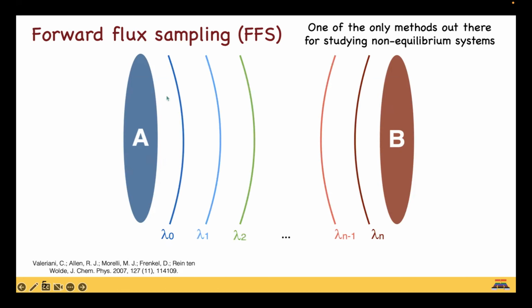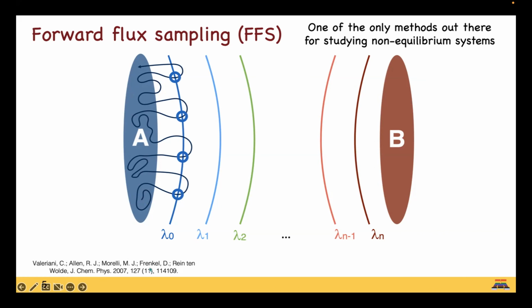Then you're going to run a simulation in basin A, and it'll be a long simulation. This can be an MD simulation, a Monte Carlo simulation, whatever you want to use for your sampling. And what you'll find is all of the first crossings that cross this first interface, right? What I mean by first crossing is that this path is coming directly from A. It hasn't gone outside of this interface, gone back to A and so on. It's coming directly from A.